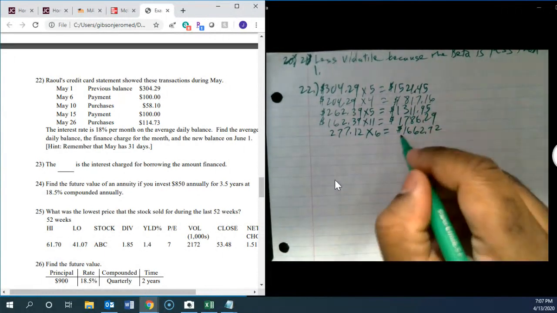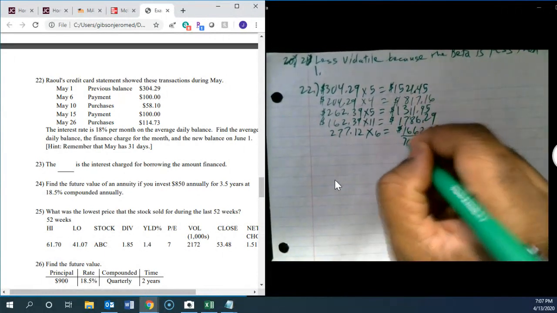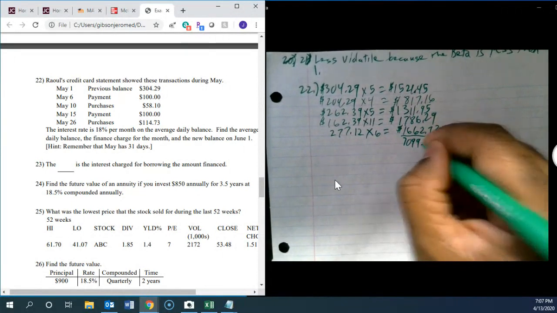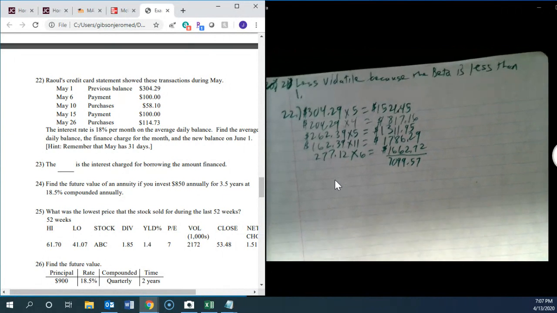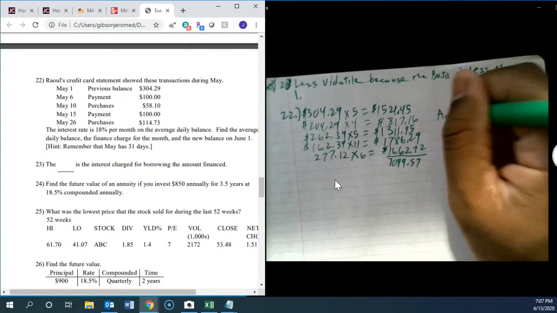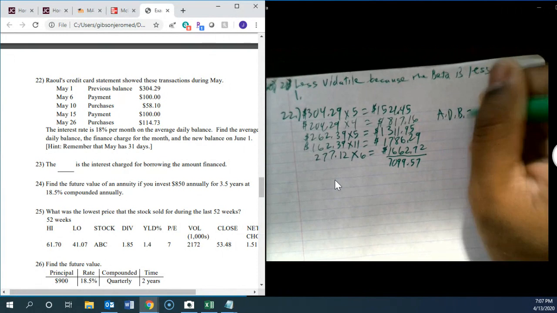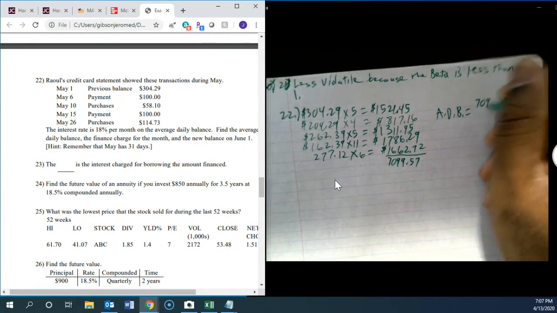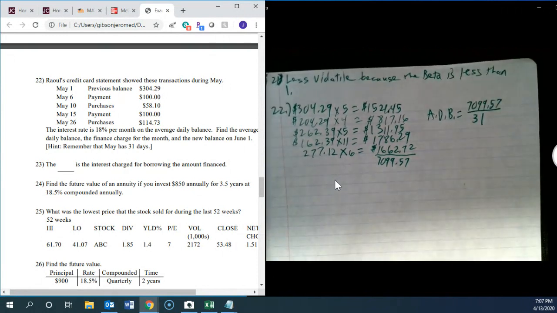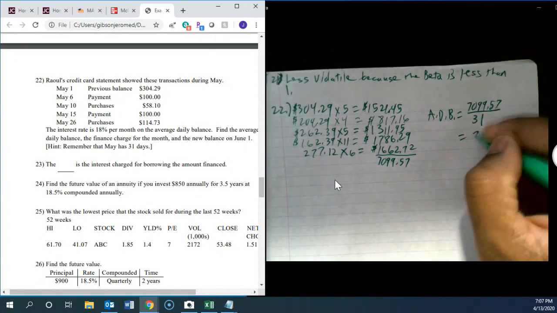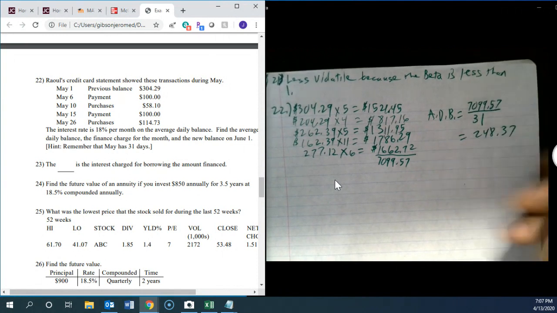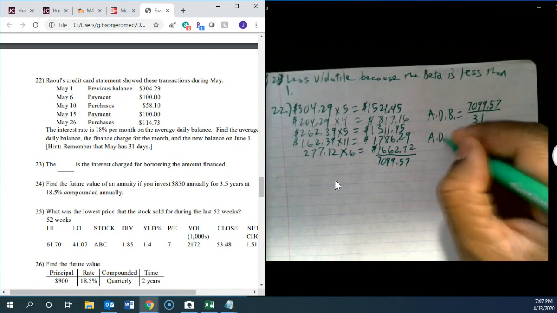Now, when we add all of this together, it'll be $7,099.57. Now, if we want to find our average daily balance, our ADB, we would take the $7,099.57 and divide it by 31 days. Now, when we divide this by 31 days, this would give us $248.37. That's our average daily balance.